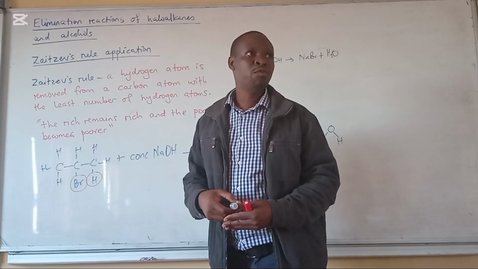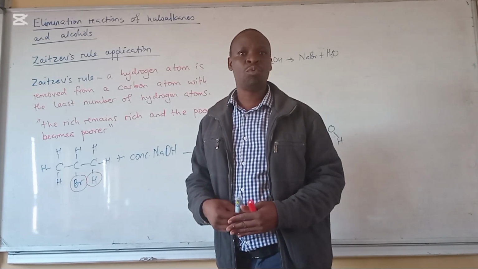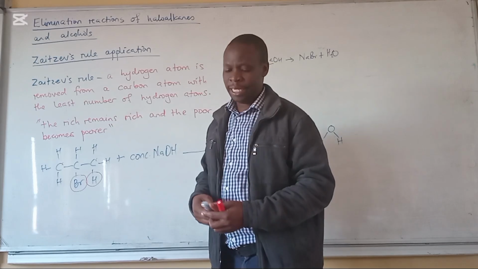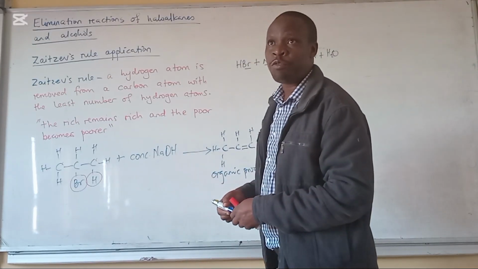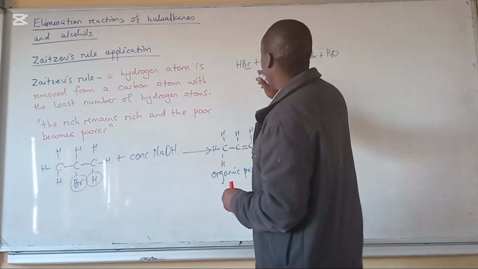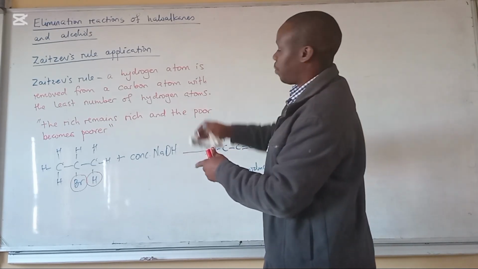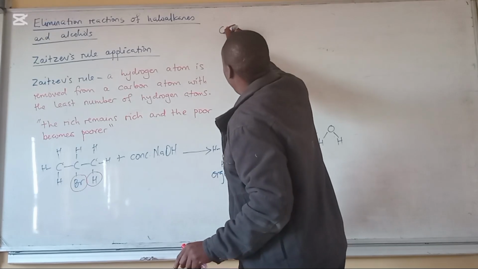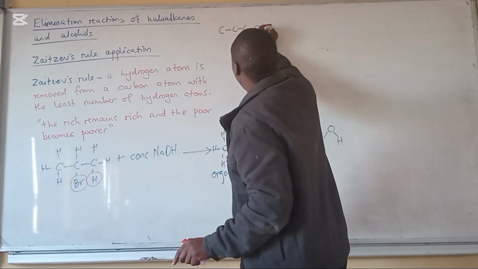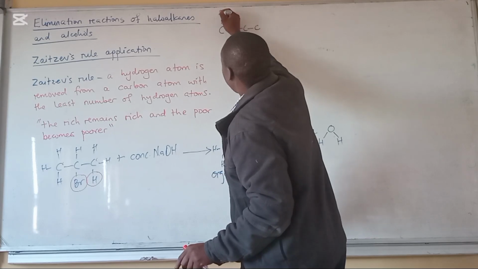Now let us move on to a situation whereby Zaitsev's rule has to be applied. I'm going to make use of 2-bromobutane. Let me erase this. 1, 2, 3, 4. Bromine on carbon atom number 2.